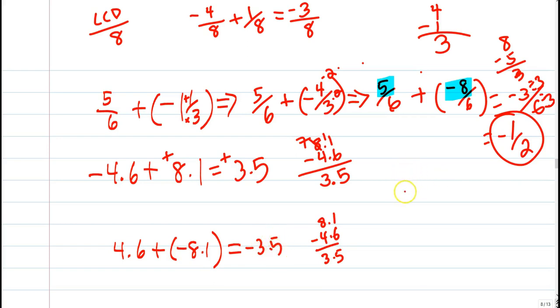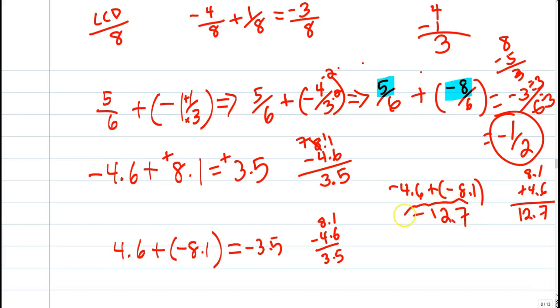What if they were the same sign? Same sign means instead of canceling, we would combine them. Add 8.1 plus 4.6 to get 12.7, and so this would be negative 12.7.